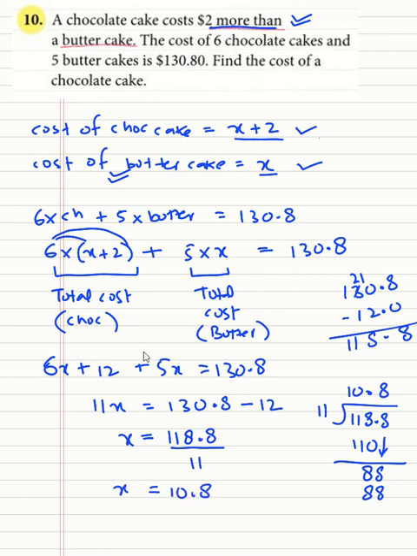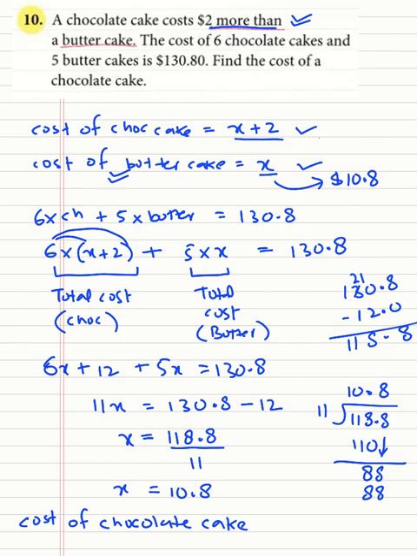This 10.8 is the cost of butter cake. This is the value of x. So it is $10.8. Now the requirement is to find out the cost of chocolate cake. So the cost of chocolate cake is 2 more than, which is x plus 2.